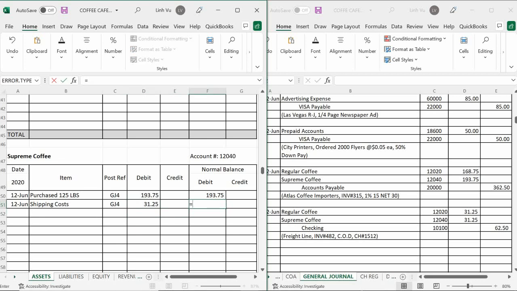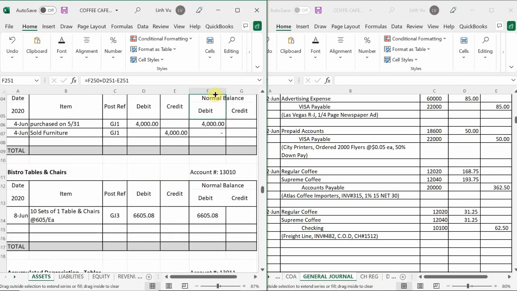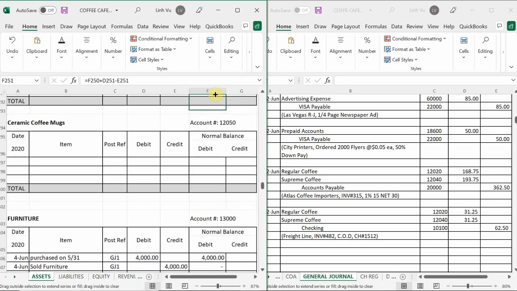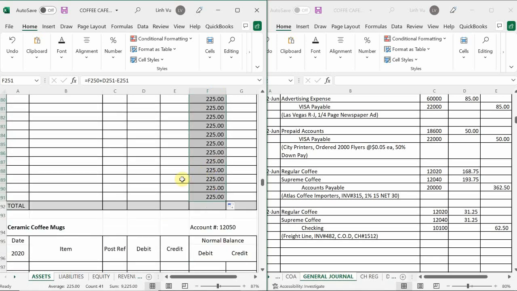You're going to go in your debit column, take your previous balance of $193, add any debits, which is the $31.25, and subtract the blank column in the credit. Enter. So now I have $225 worth of inventory for my Supreme coffee.